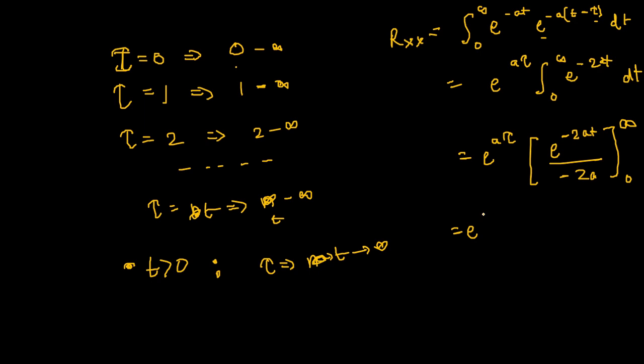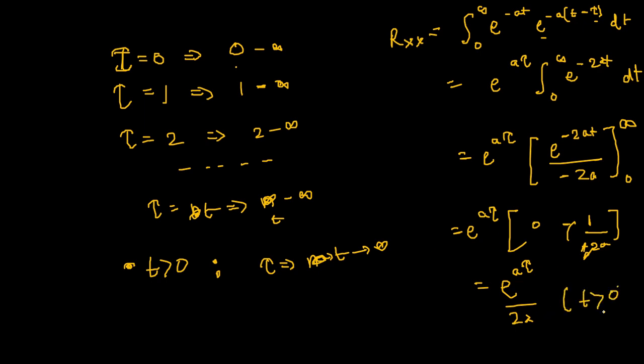So then we get e to the power a tau into, upon putting infinity we get 0, and upon putting 0 we get 1 divided by minus 2a. The minus and minus cancel, so we get e to the power a tau divided by 2a, right? The 2 isn't cancelled, the minus is cancelled. Alright, so this is the value of Rxx when t is greater than 0.